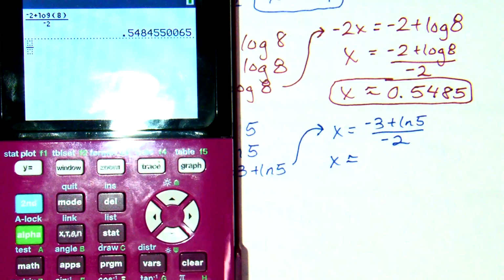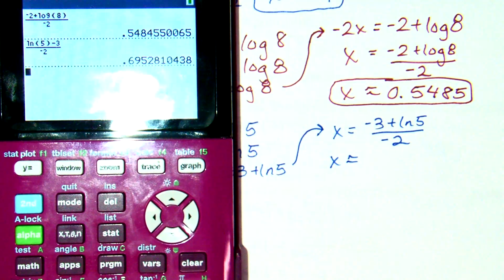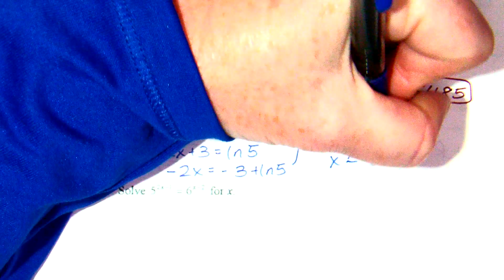Beware, if you put natural log of 5 minus 3 on your calculator, you need to make sure to open and close the parentheses there, yes? Yep, that's what I got. 0.6953 if I round.